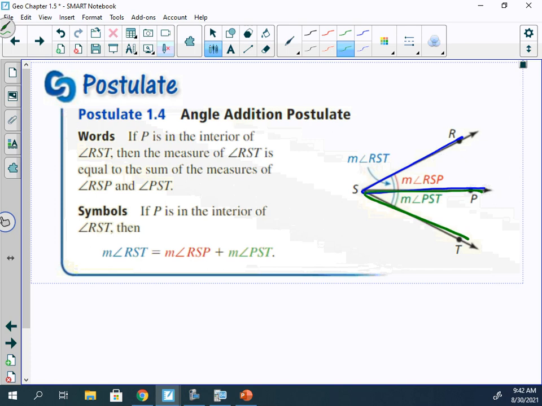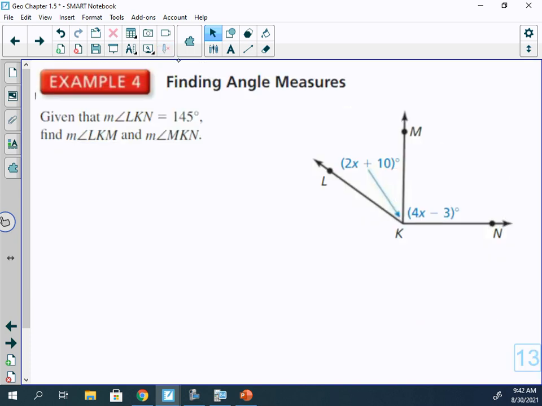And if I take those two angles' measures and add them together, I get the whole. That's all this is saying. If P is in the interior, then RST is equal to RSP plus PST. So if there's a point that cuts the angle into two different angles, their measures added together give us the whole.